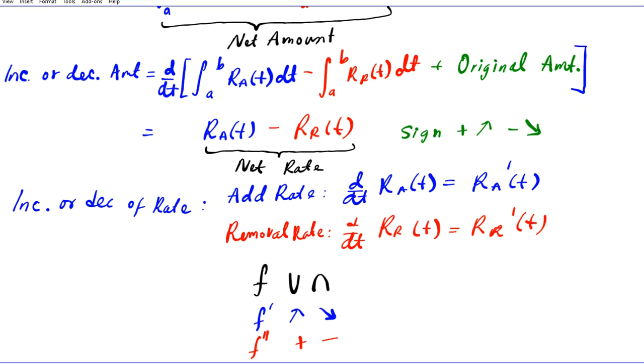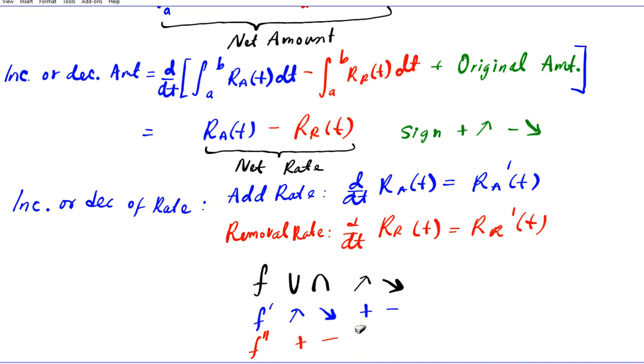And then the second column, all you do is you just take increasing, decreasing, positive, negative, and just apply to f and f prime. Okay, so increasing, decreasing in f just tells you that f prime is positive or negative. Okay, and then down here you don't have anything.